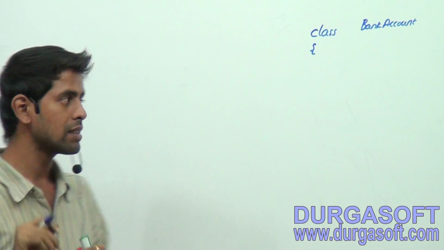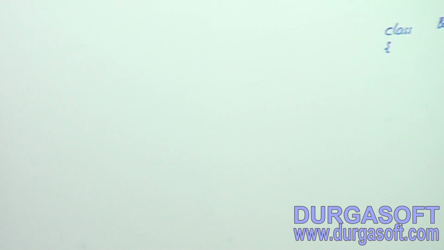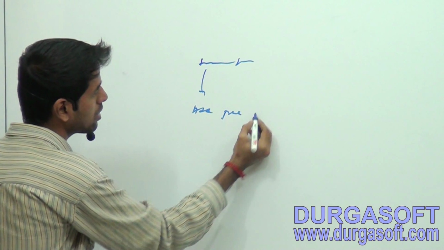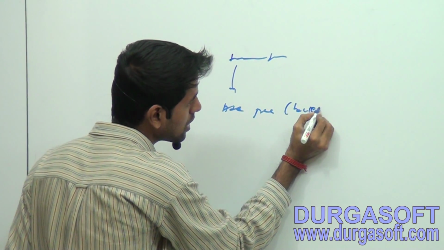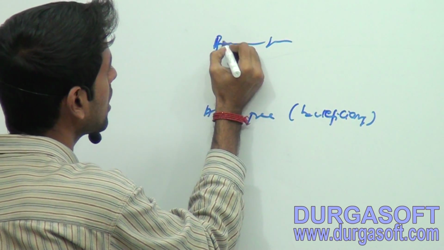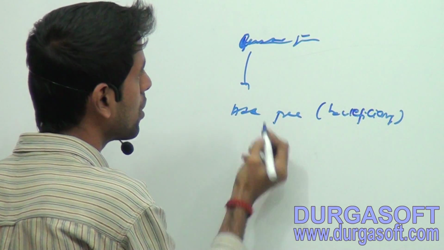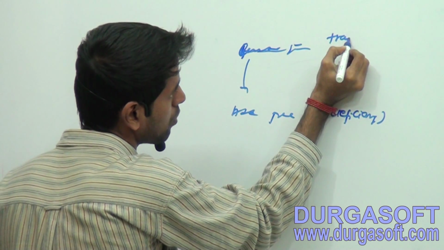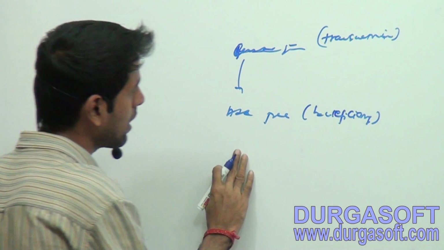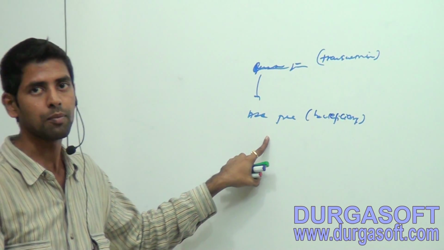To do a transaction, what do we require? We should add the payee, guys. Payee means a beneficiary person. One customer wants to do a transaction, a money transfer, and first he should add the payee.